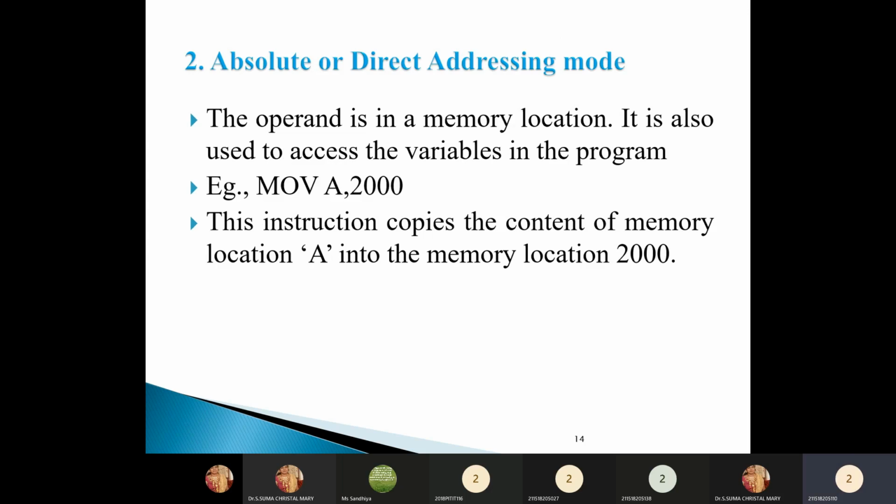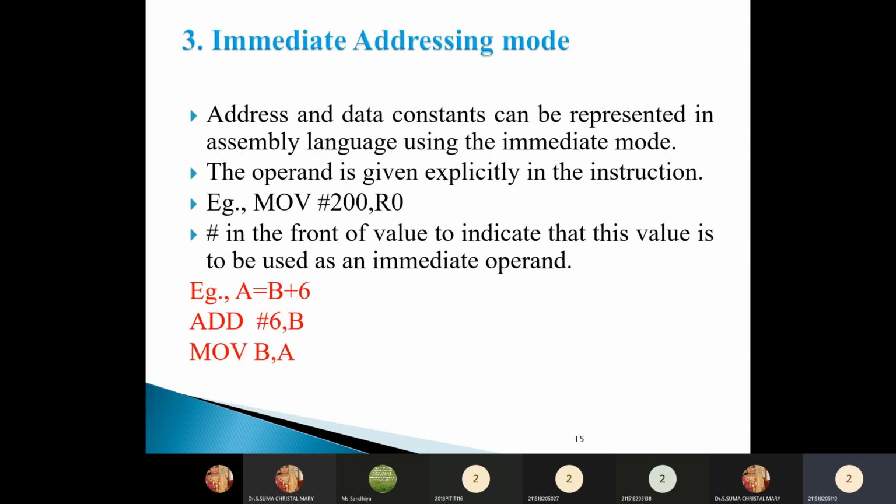It is also used to access the variables in the program. For example, move A, 2000. This instruction copies the content of the memory location A into the memory location 2000. Hope you understand. Instructions are very easy in these modes. The only thing is that you have to understand the instruction.